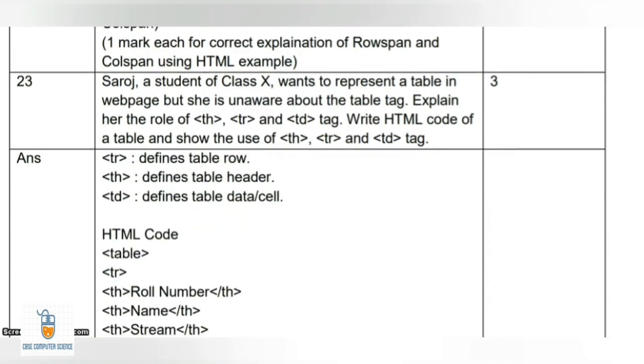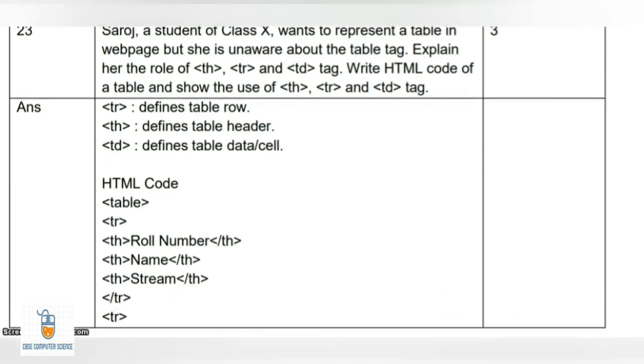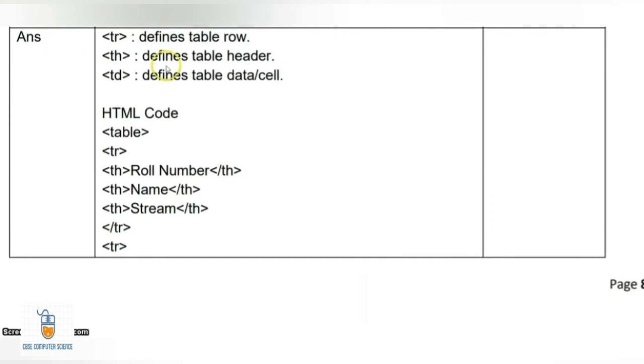Now question number 23. Saroj, a student of class 10, wants to represent a table in a web page, but she is unaware about the table tag. Explain to her the role of TH, TR and TD tag. Write HTML code of a table and show the use of TH, TR and TD tag. So if you know the uses of TH, TR and TD, you would be able to write the code for any table in HTML. TR stands for table row, TH is for table header, and TD is for table data or individual cell contents.